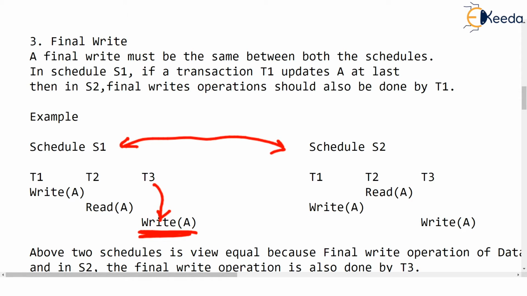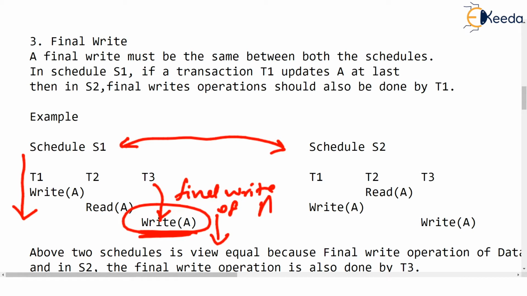If you see from the top of the schedule, after this write A, there is no other write A. So we call this the final write. And who is doing the final write of A in schedule S1? T3 is doing it, isn't it?